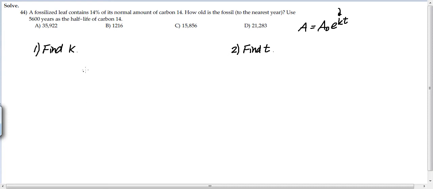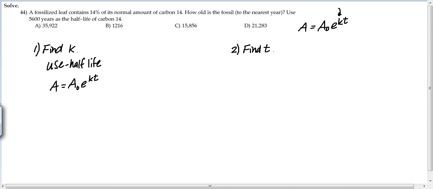Alright, so we start out to find k, you use the half-life to do that. Remember, half-life is the amount of time it takes for something to be cut in half, for this carbon-14 to be cut in half. So our equation, again, I'll write it again, A equals A0 e to the kt.